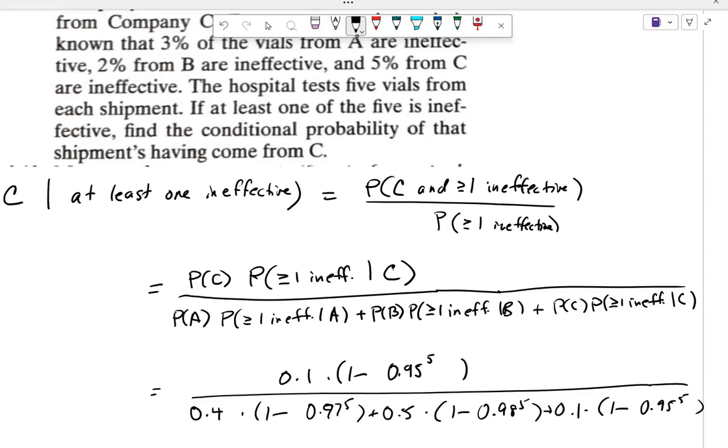It's a little bit hidden since I didn't write the other pieces in here, but this would be 5 choose 0 and 0.05 to the 0 here if we were going to write out the binomial PMF, right? 5 choose 0 and 0.03 to the 0, sorry, and 5 choose 0 and 0.02 to the 0. We go in there. Going okay? Was it good we did a reminder of Bayes' theorem? No? Sorry. Yes.